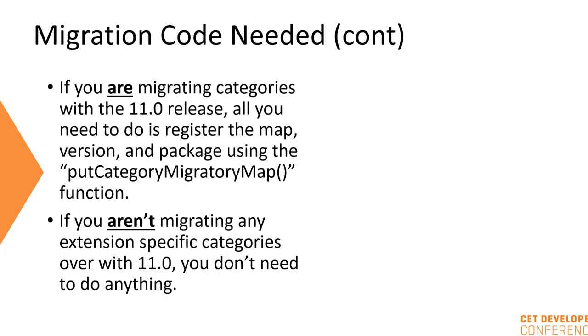And then when the object actually does its migration, it's going to call a method on the object called migrate categories. The first pass of the migrator is only going to handle any categories from your custom packages, and it uses the package from the class to determine what mappings to use.